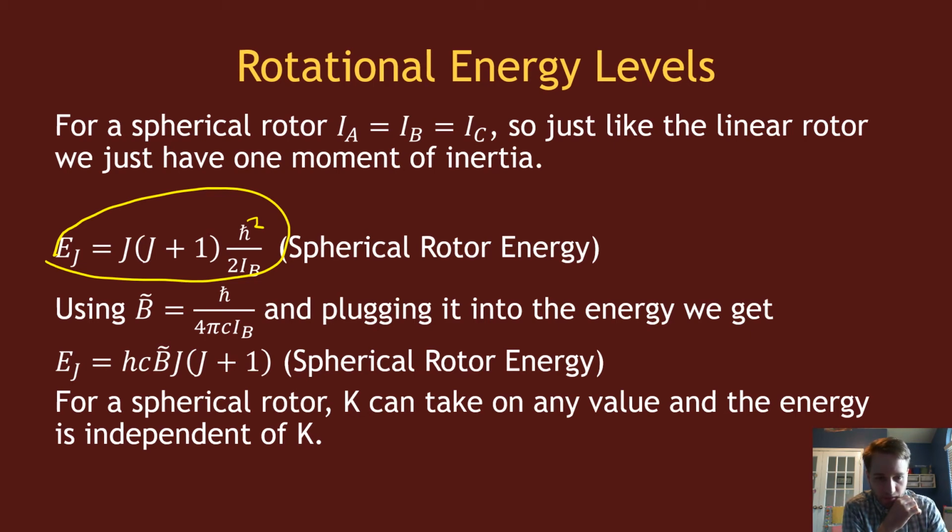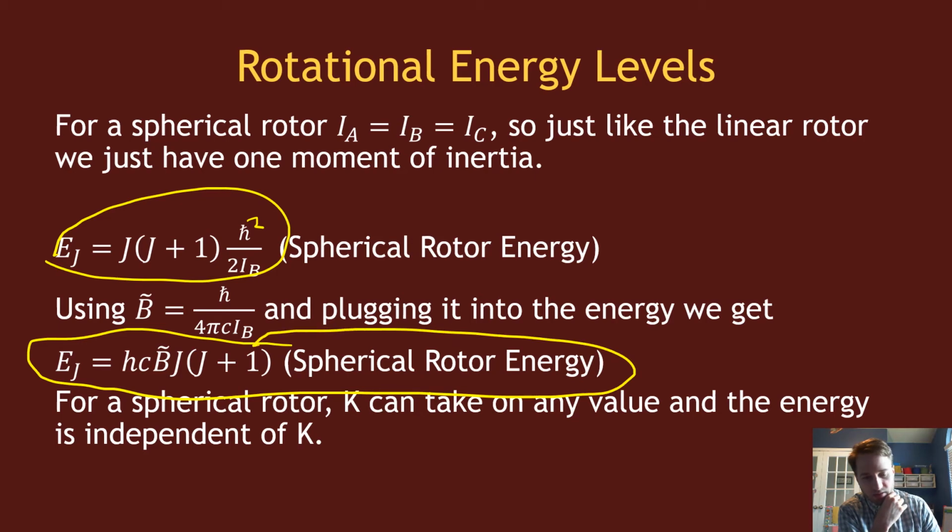Then defining B as h bar over 4 pi c IB and plugging that in, the energy for a spherically symmetric rotor has this energy level, which does not depend on K whatsoever. It's completely independent of K.